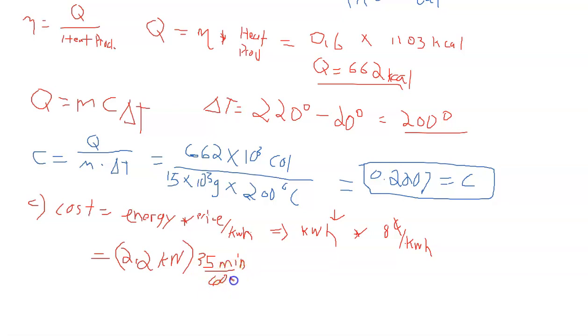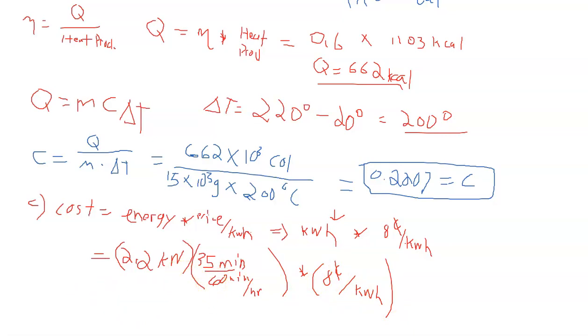Minutes per hour, to leave us with a time of hours. And now we want to multiply that by our 8 cents per kWh. And if you follow through the units now, of course, the kilowatts cancels with the kilowatts, and we're left with hours there, and that cancels with hours, and our unit is pennies or cents.